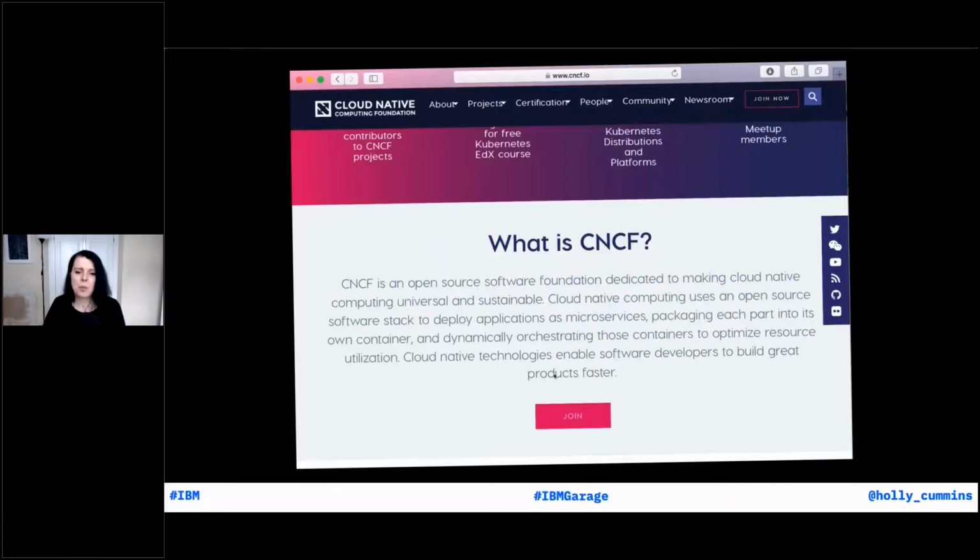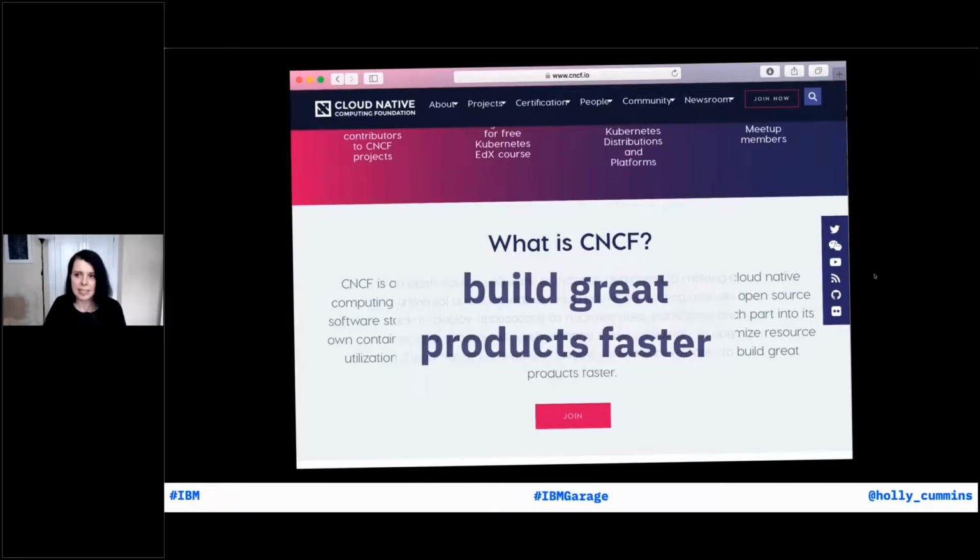And also, what problem is the cloud trying to solve? And the CNCF do this. If you look at the CNCF website, the old version used to have this bit that said, we want to be cloud native so we can build great products faster.